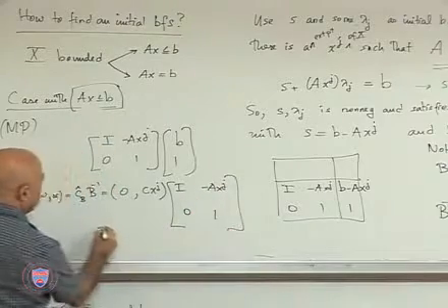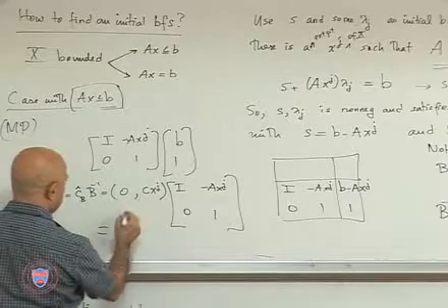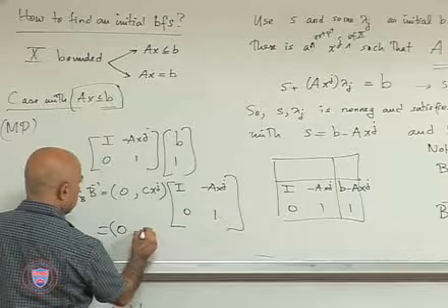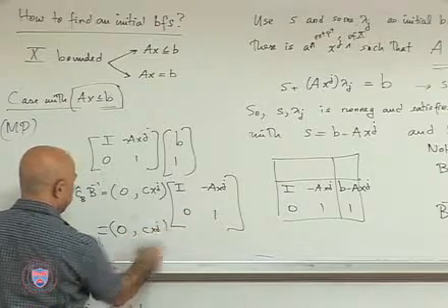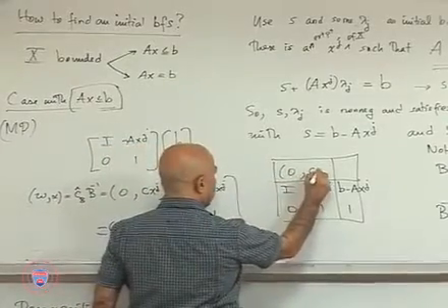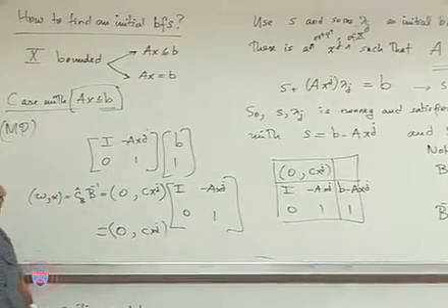So the output of this will be 0, and then 0, CXJ. That's what I've got. So you have a big vector of zeros here with a last component, CXJ. Alpha is your CXJ.